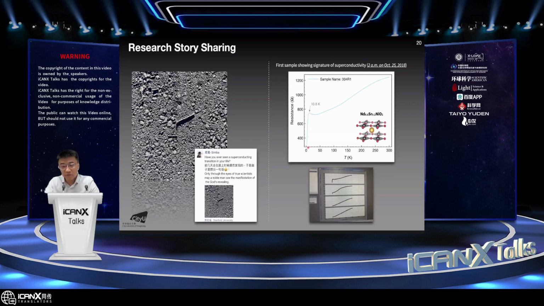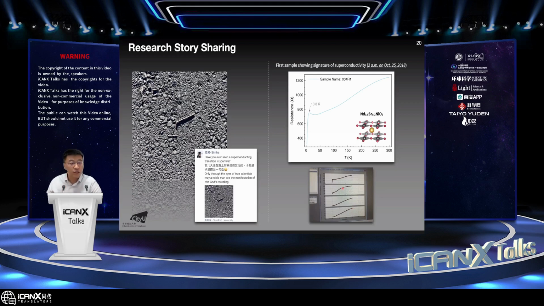And only after a week, we started to see zero resistance in these samples. However, it took us almost 8 months to reproduce the results and the samples in a very robust way. Okay, so it took a very long and painful 8 months.